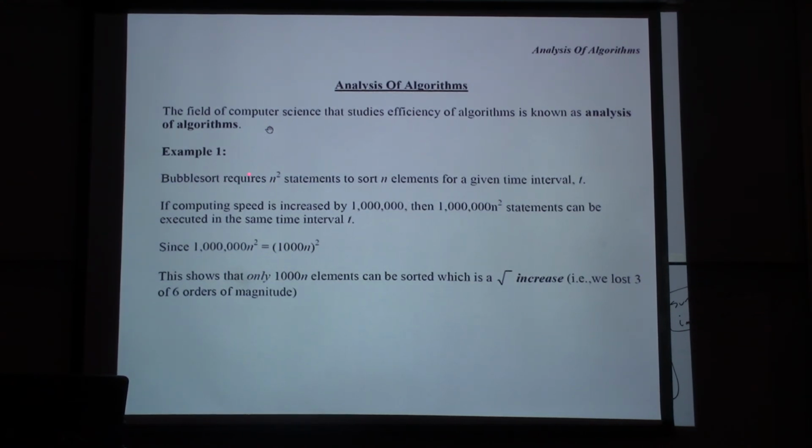So I can execute n squared statements in time t. So if I ran 2t time, how many statements would I execute? If I can execute this many statements in time t, how about in 2t time? 2n squared. This is not a hard question, right?